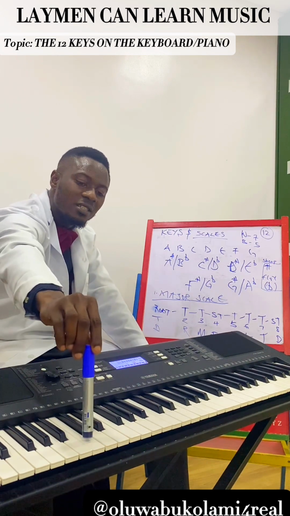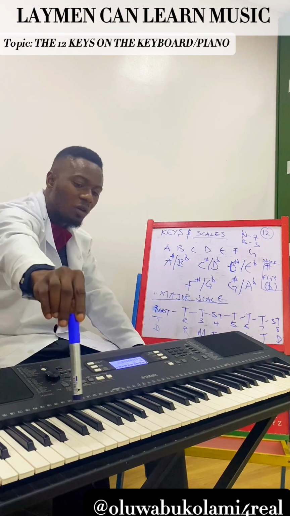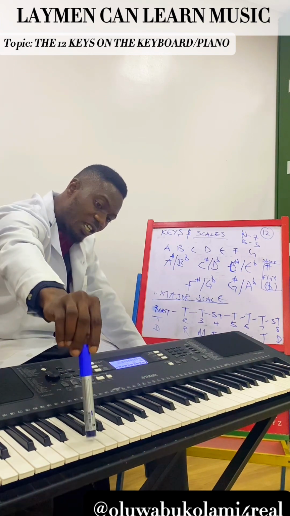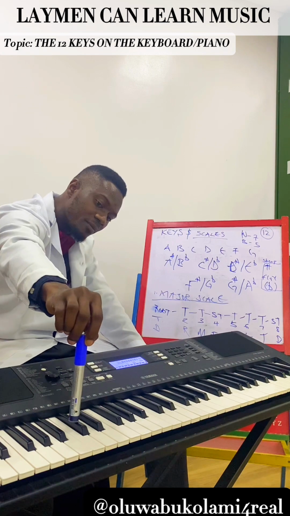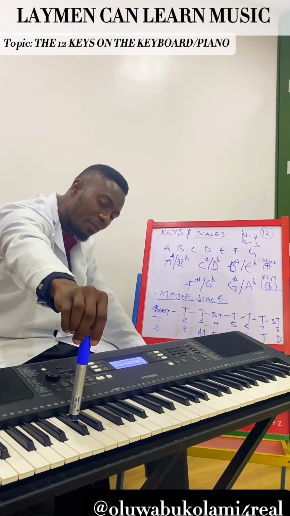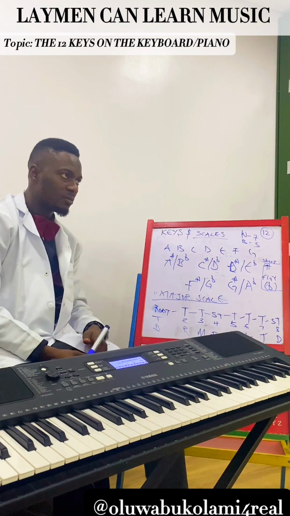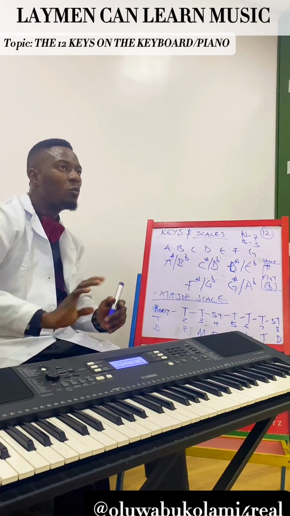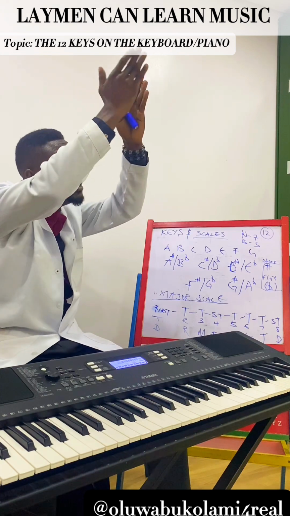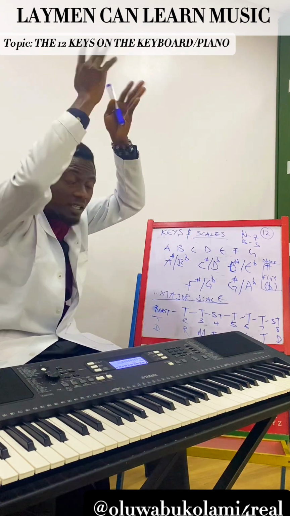It's not that you say C sharp, no, this key itself is C sharp. Why? Because C was raised to get this key. You are coming from C, so you got there. So that's C sharp. C was sharpened. So that black key that is in front of C is C sharp.